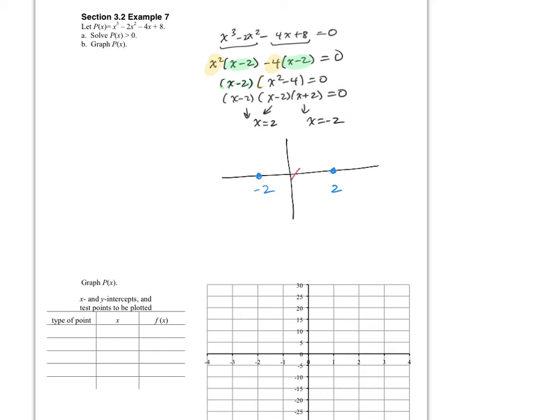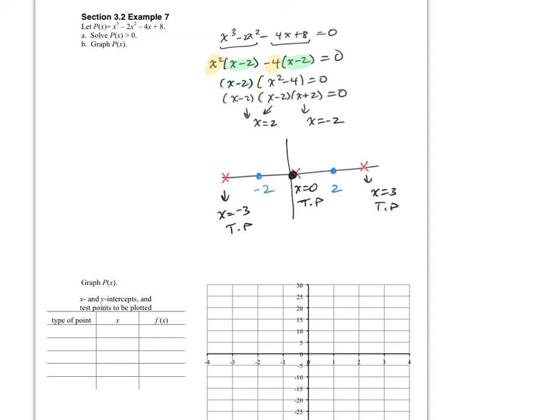So you only have to check points here, here, and here. The easiest one to pick in here will be 0. So we're going to pick here x equals 0. Here, let's say we use 3 and -3. So these will be the test points.